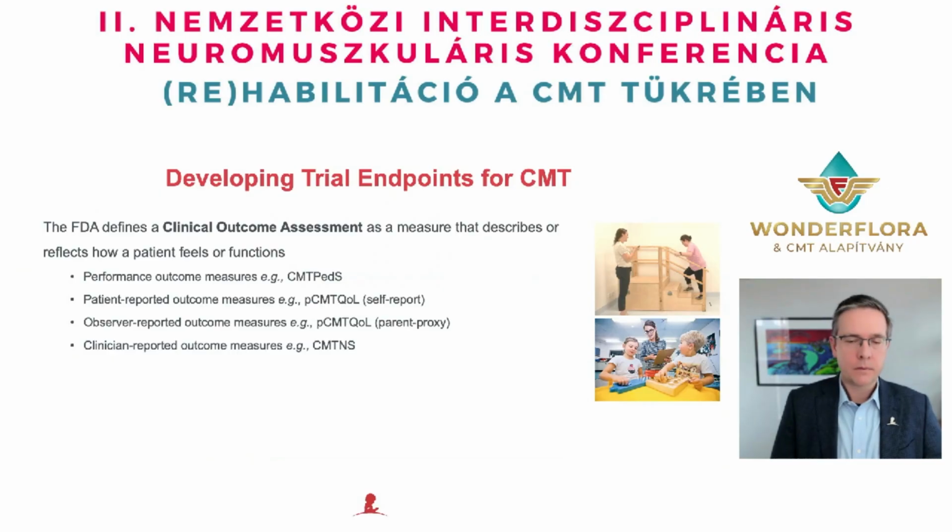And there's the observer-reported outcome measures where the parent can fill out on behalf of the child or in addition to the child. And then there are clinician-reported outcome measures where the doctor does an assessment and makes a determination around disease severity and progression, such as the CMT neuropathy score.